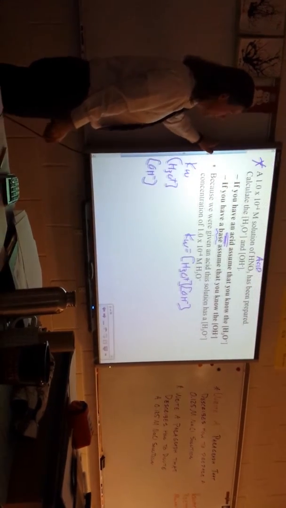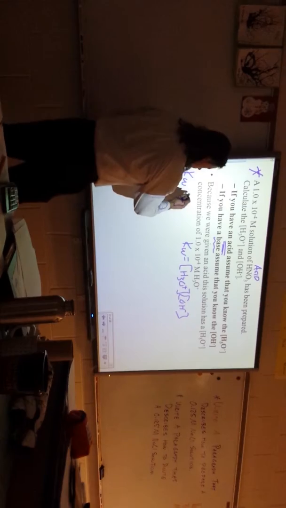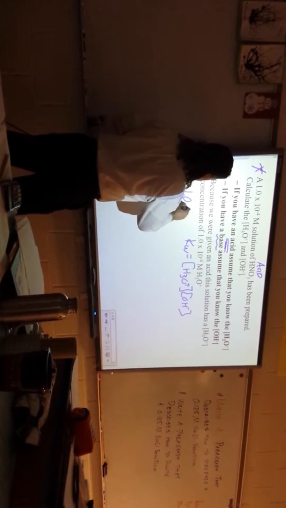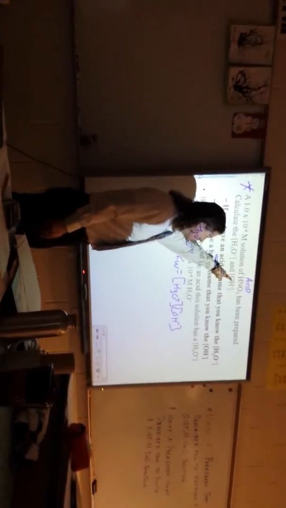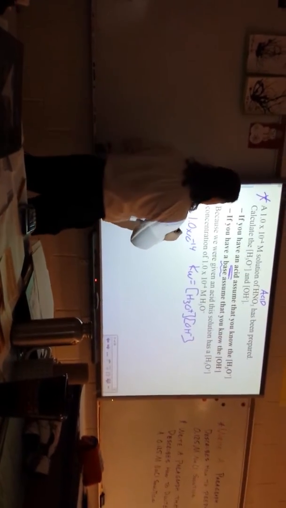So in this case, we have to work with some of the things that we know. We always know KW, and KW is always going to be 1.0 times 10 to the minus 14. Okay? Because this is an acid, and I know the concentration of the acid, I know that H3O plus is 1.0 times 10 to the minus 4.